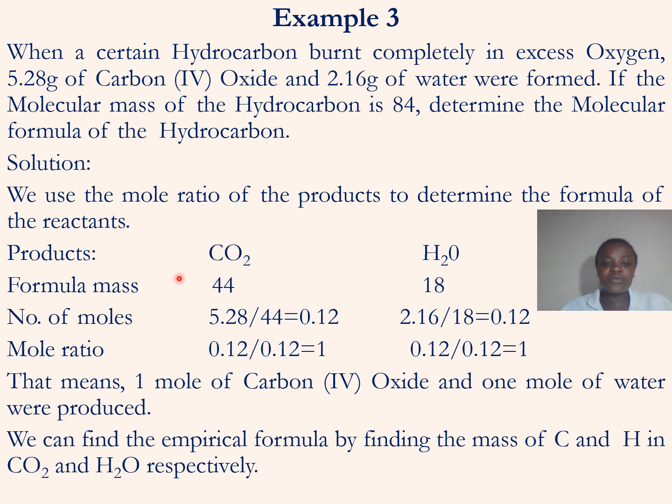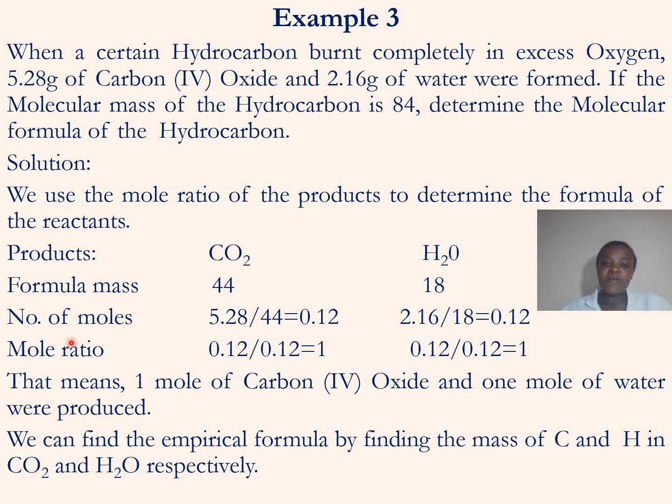How? So we are going to start with the two products, that is carbon dioxide and water. Their formula masses: carbon dioxide has a formula mass of 44, and that of water is 18. That is 2 hydrogen is 2 plus 1 oxygen is 16, will give us 18.